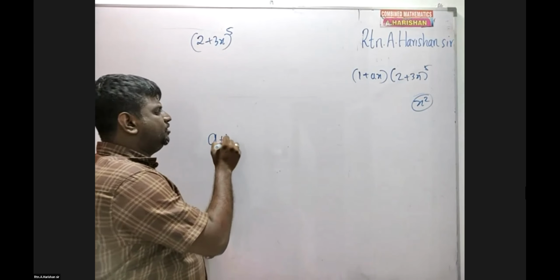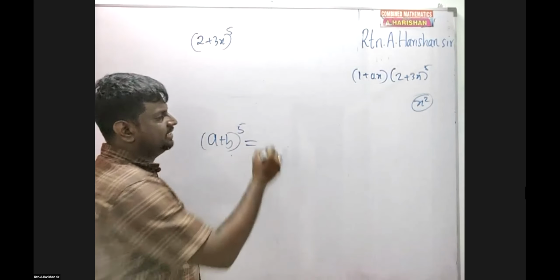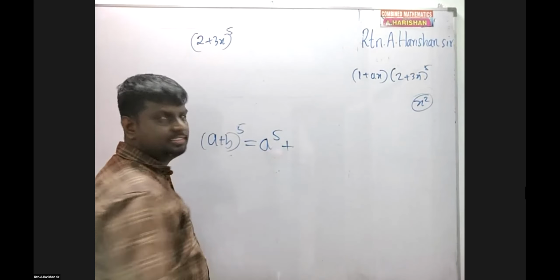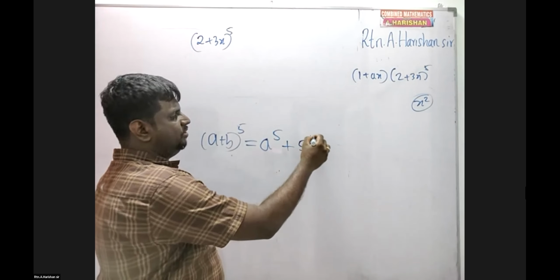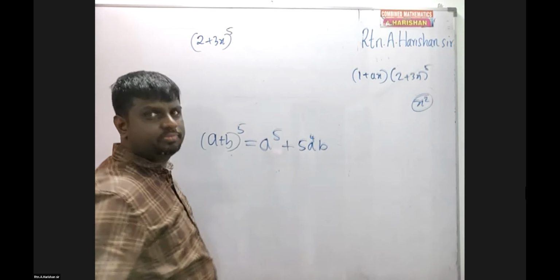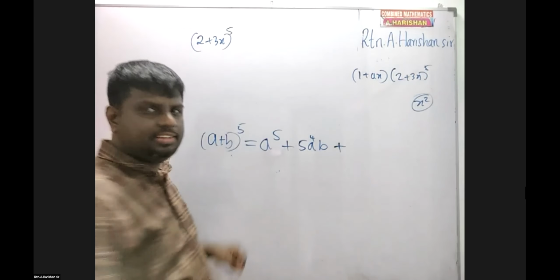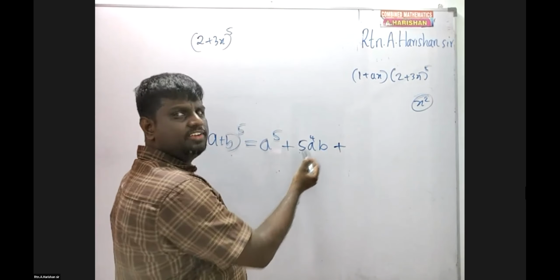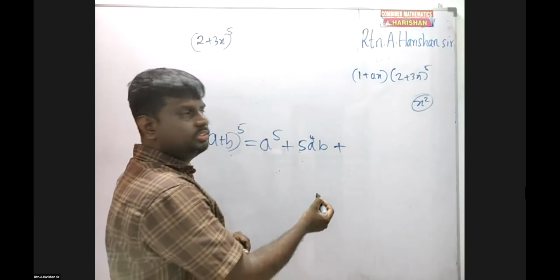What is the expansion of (a plus b) to the power 5? How to write that? A to the power 5 plus, next one, 5 a to the power 4 b. Next one, how to write that? Easily: you multiply this 4 and 5 and divide by 2.